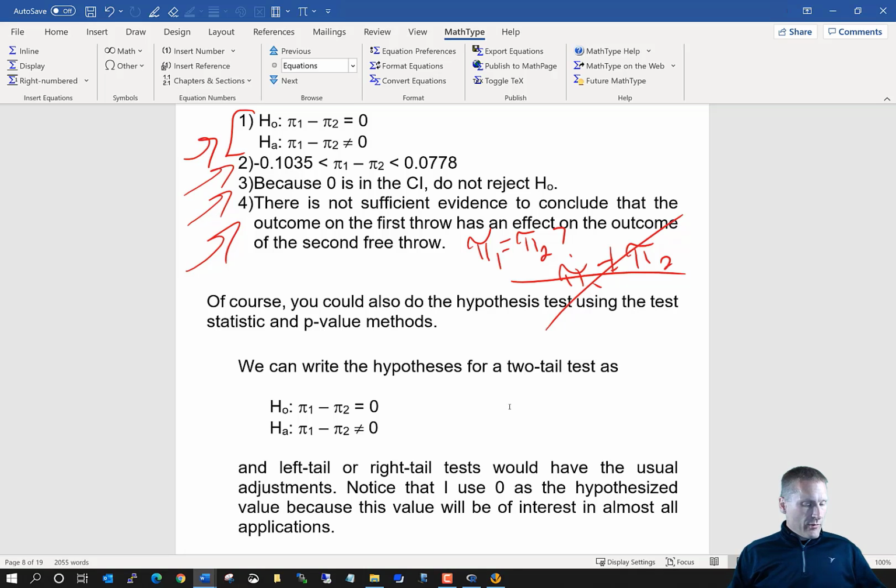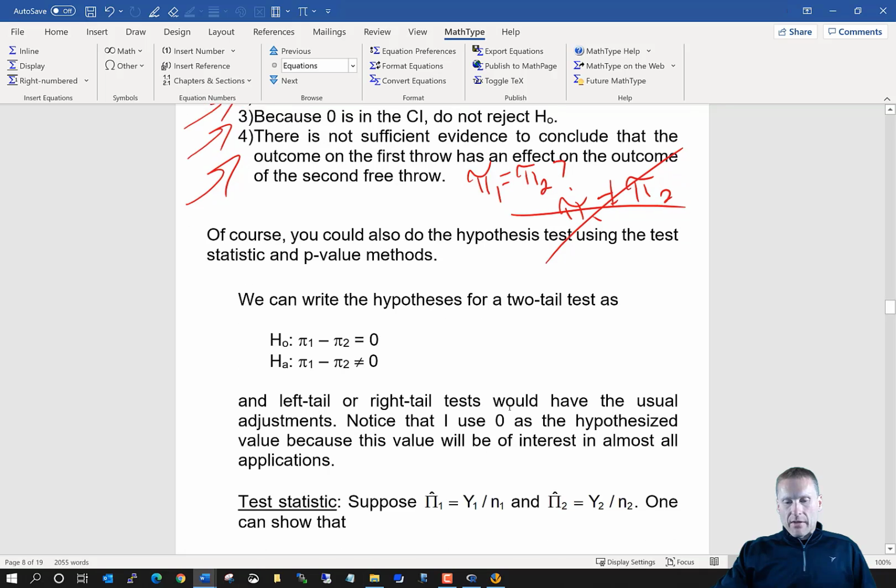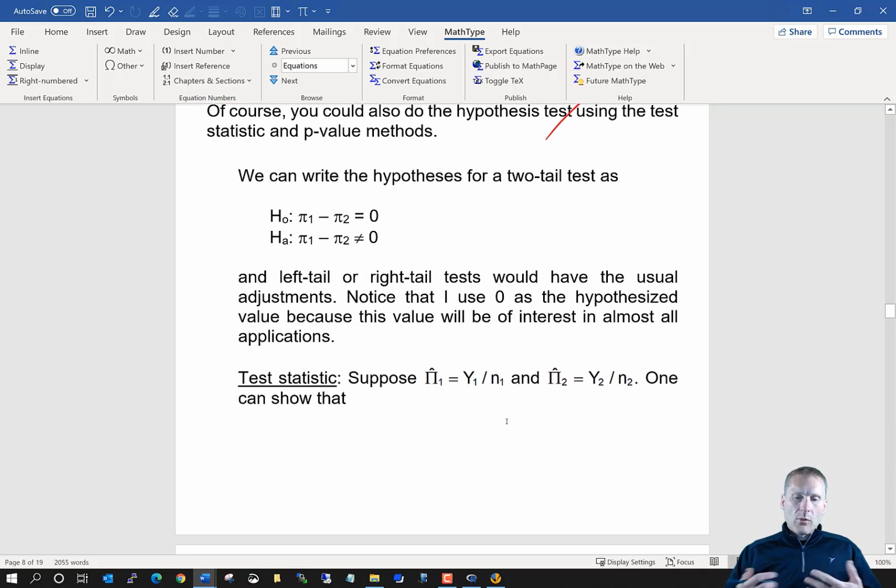Okay, so that takes us to page 9. Well, what about now using a test statistic? I'm sorry, let me back up here for a second, and perhaps I should have mentioned this before. We can write out our hypotheses like this.